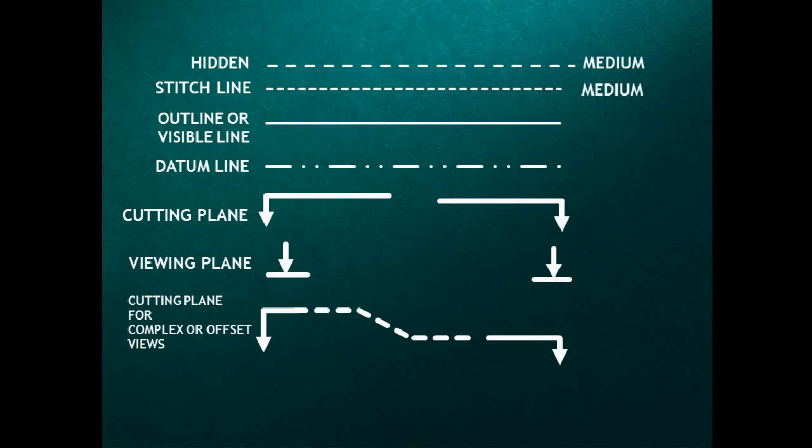Hidden lines and stitch lines are drawn medium, probably 0.4 or 0.5 of pen. The outline or visible lines have to be thick because they represent the entire object. The dotted line is also thick because it's a reference line, and the cutting plane is extra thick. Same with the viewing plane and the complex or offset views.